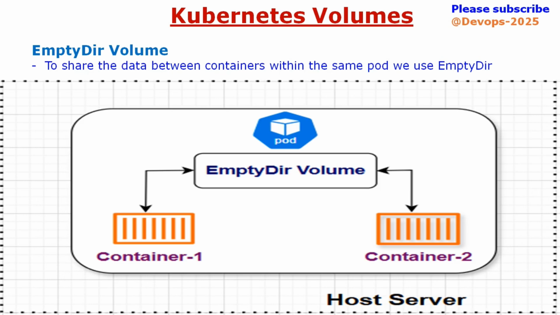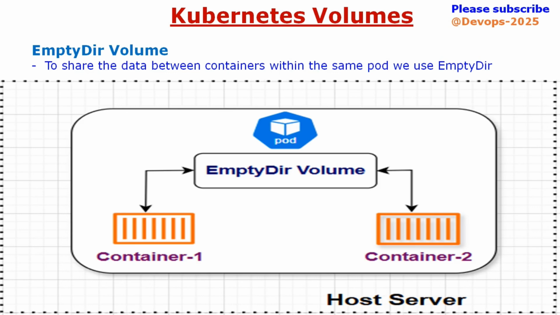So this is a pod-level volume. If the pod itself gets recreated, say it crashed, then the volume will be empty; definitely it should be deleted. Every time the pod gets created, the volume will be empty, and after that whatever data is generated will be stored inside that volume.